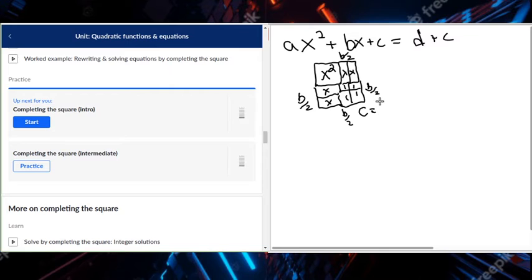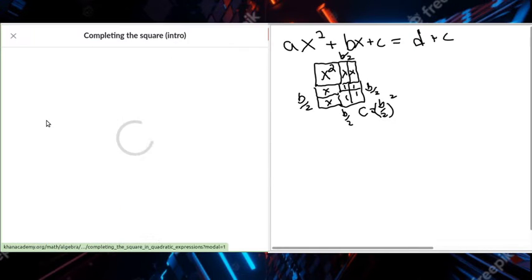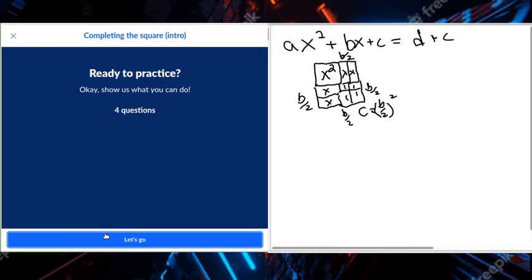So C is going to be b over 2 times b over 2, or b over 2 squared. So that's our general way to complete the square. What we have to do is divide to get rid of this a, and then take what's left in the b position, divide by 2 and square it, and that's our C. So I'll write down the steps as we're doing it.